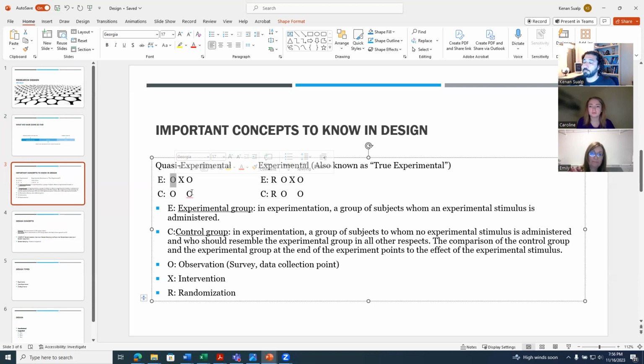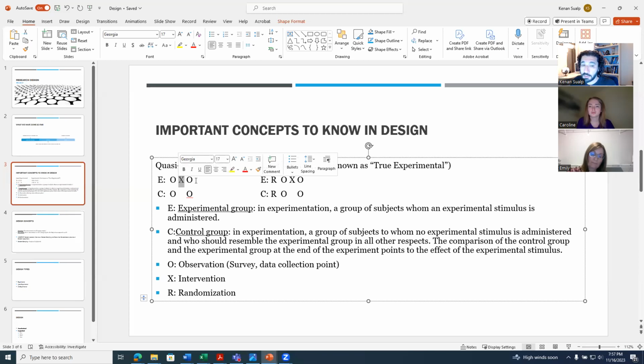So we are doing pre-test, post-test, right? Imagine that I'm measuring depression and my intervention is CBT, cognitive behavioral therapy. I measure their depression levels. That's the baseline. For both groups, I measure their depression levels at the beginning without giving any intervention. Then the experimental group gets the intervention.